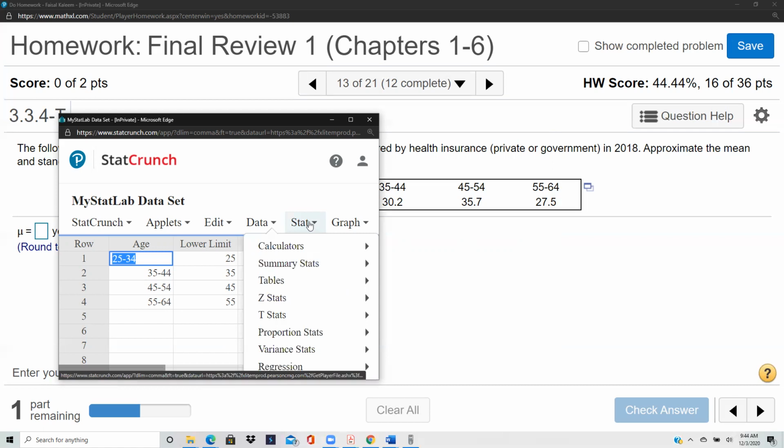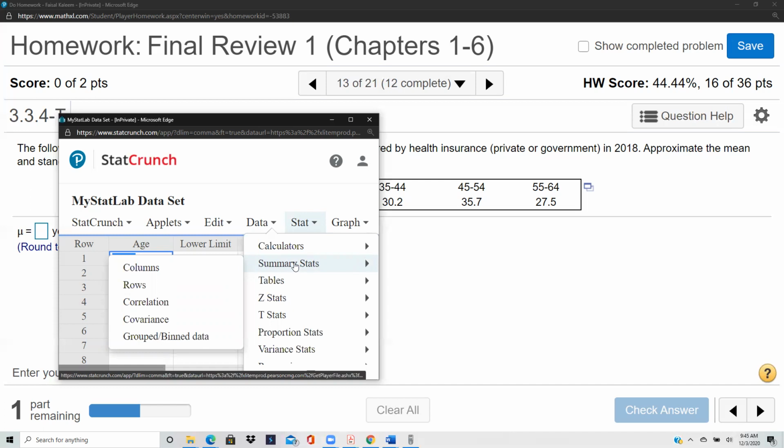Stat calculator custom, and then there was another one which didn't work in that earlier problem, the grouped data. So now which one do you think we'll use here? Calculator custom or this grouped bin data? Custom, because there are decimals.